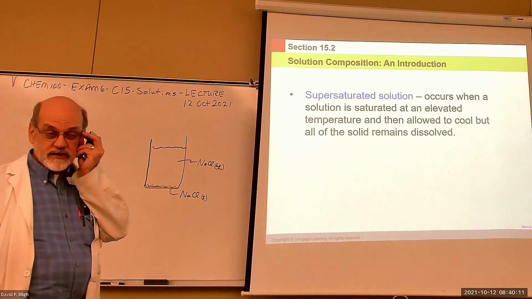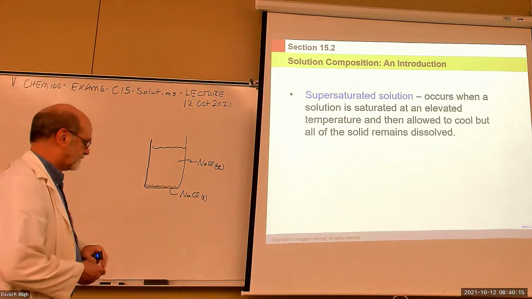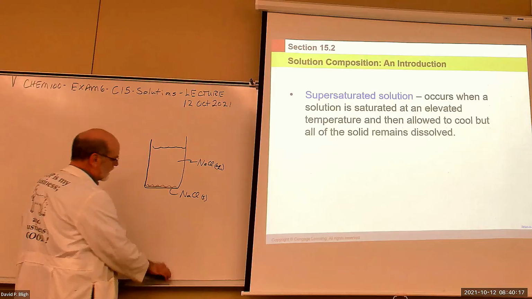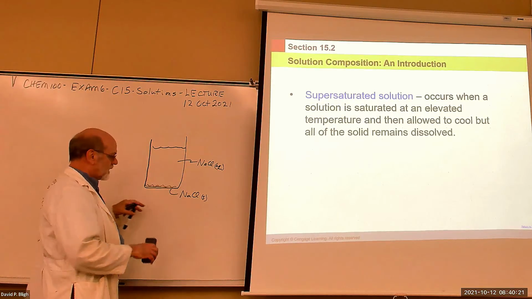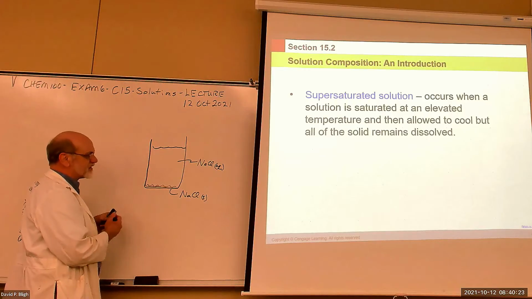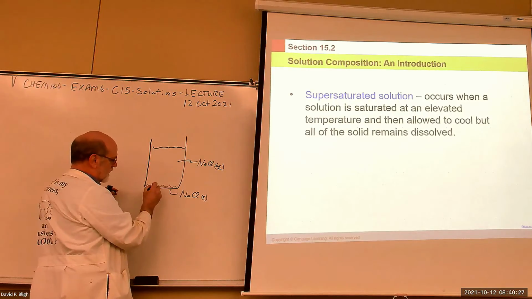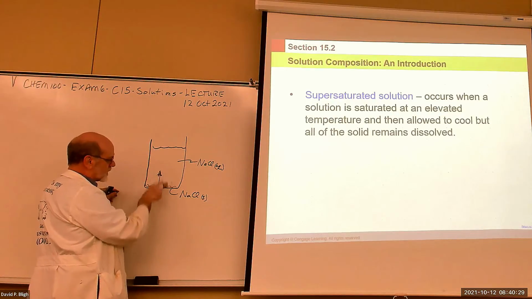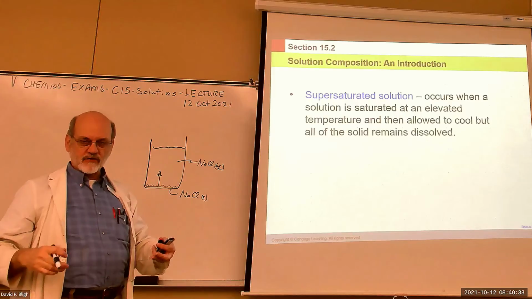Now, there are situations where you can supersaturate a solution. Some solutes are better at it than others. If you raise the temperature of this, and that solid goes into solution at the higher temperature, now it's unsaturated.